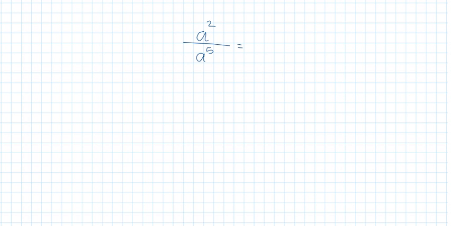What's 2 minus 5? A to the power of negative 3, okay? Good. Now, let's try something different. If I want to expand this, okay? So that's a times a over a times a times a times a times a.